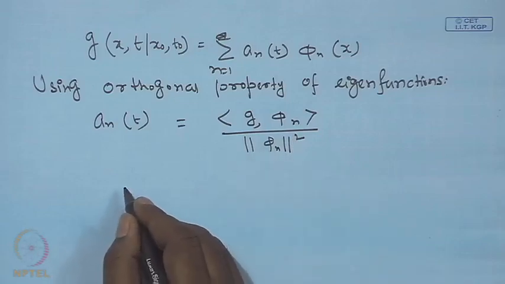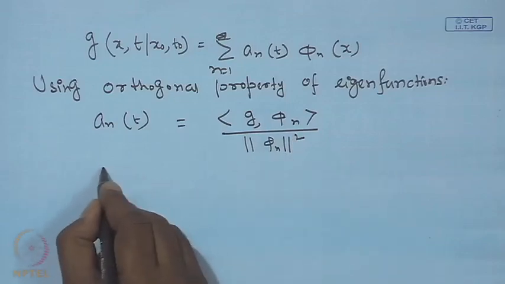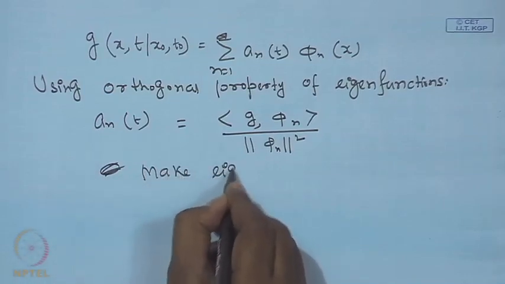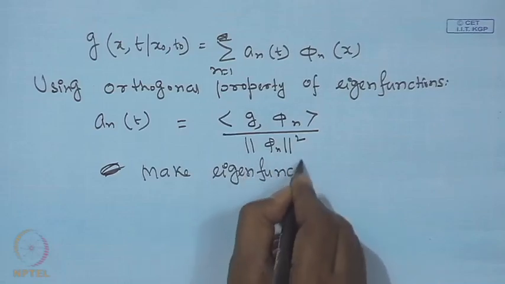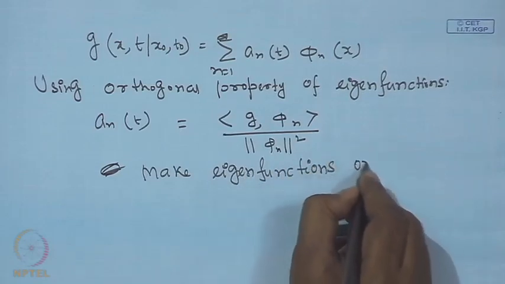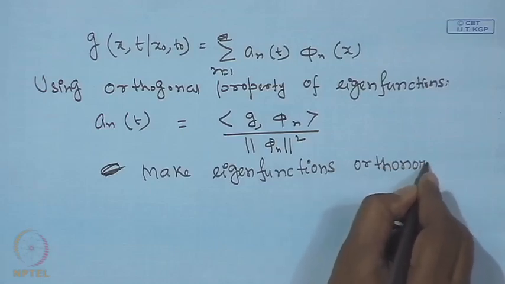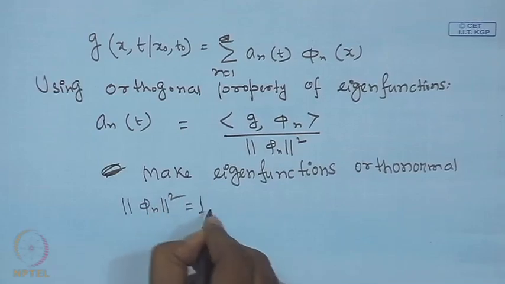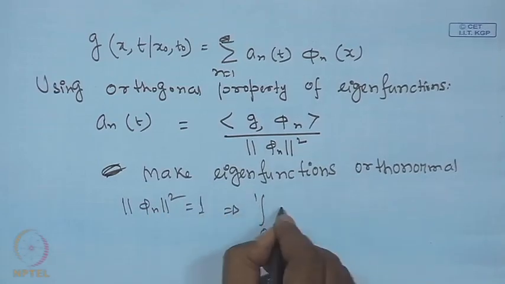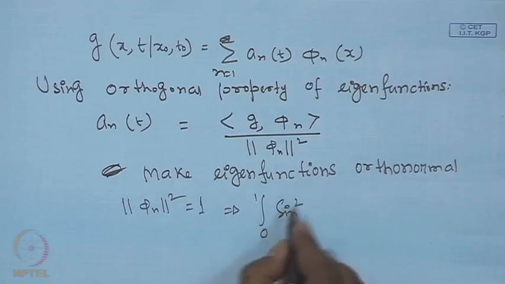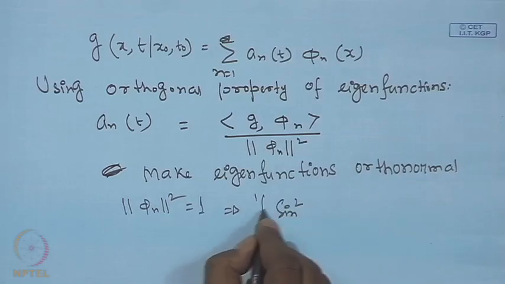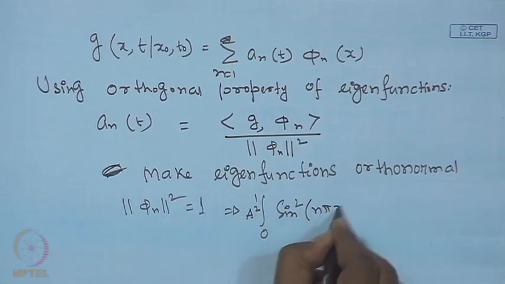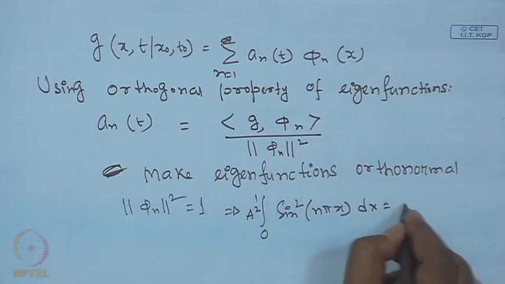Now, what we do is make the eigenfunctions orthonormal. So, the norm of phi_n square should be equal to 1. So, the integral from 0 to 1 of a square sin square n pi x dx is equal to 1.